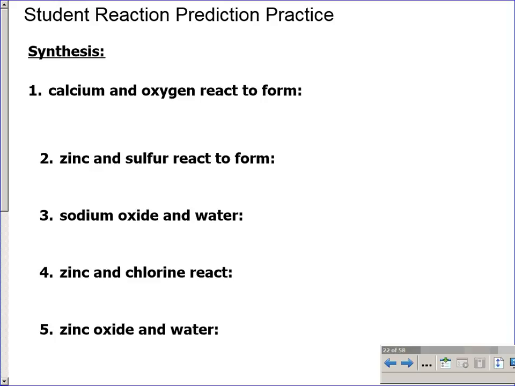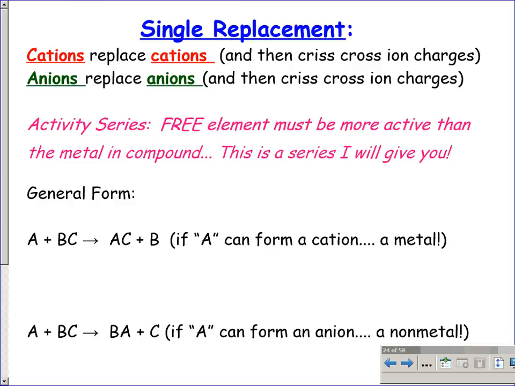I'm going out of order today, so forgive me. Single replacement. Write down this right here. That's your basic information, then your general form, and I'll give you an example in a second.